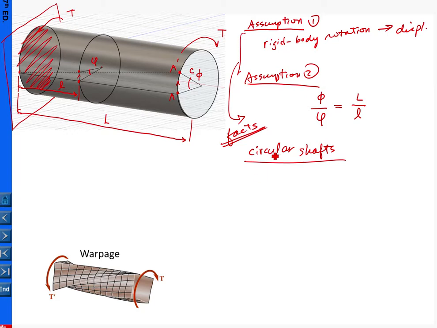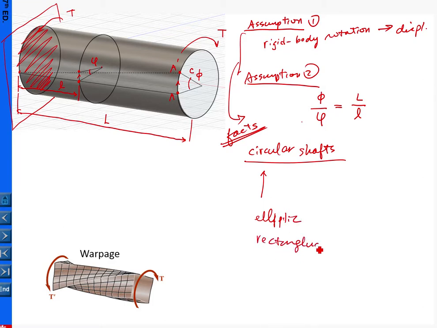And why do we want to study the circular shaft? Because the circular shaft gives us a simple model that is still able to capture all the features of the shaft under torsion. Other geometries can be, for example, an elliptic shaft, or a rectangular shaft.